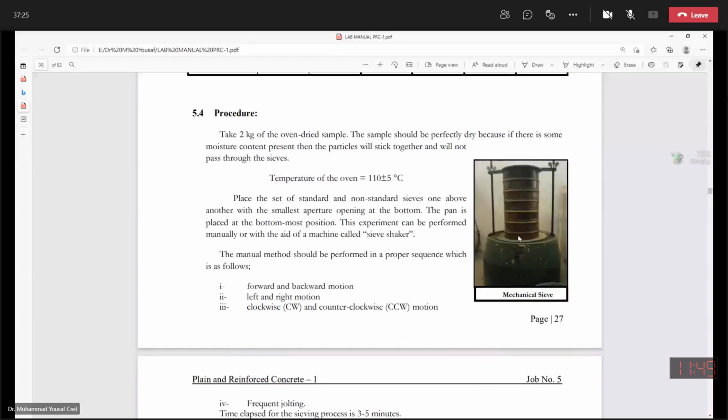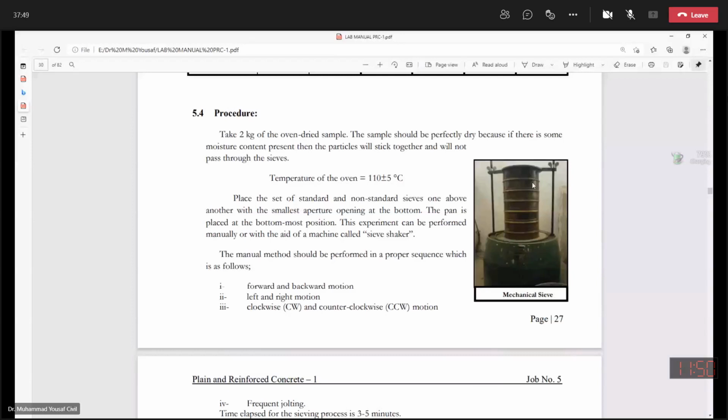And then we will be finding out the percentage retained on this one, how much percent retained on this, on this, on this, on this, and on this.